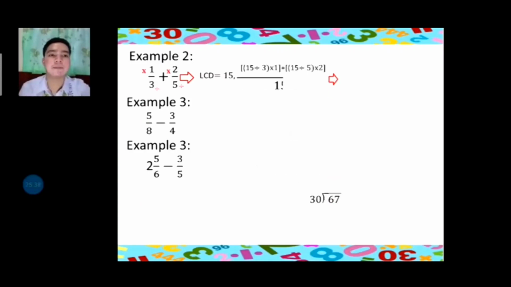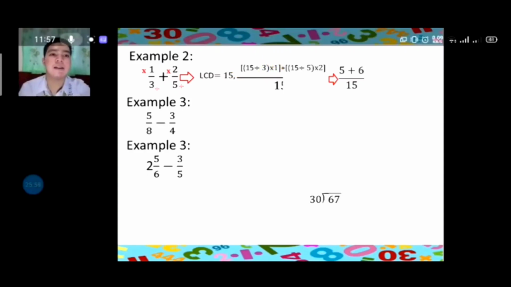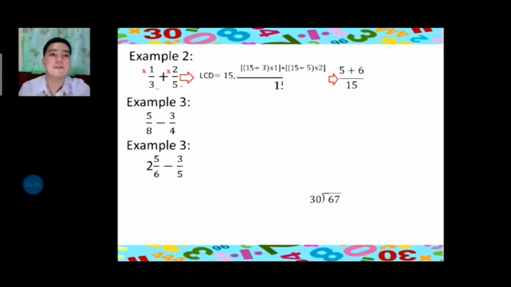So we have 15 divided by 3 times 1, then 15 divided by 5 times 2. 15 divided by 3 is 5, times 1, 5. 15 divided by 5 is 3, times 2, 6.